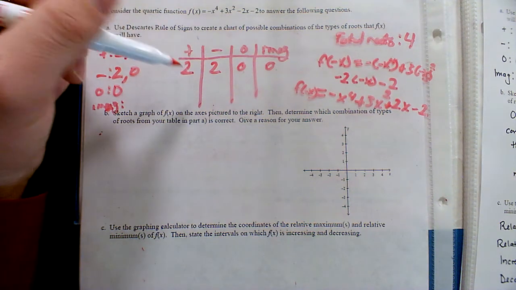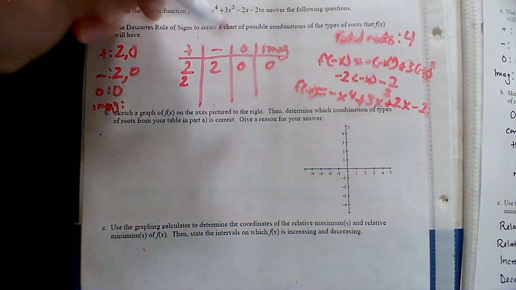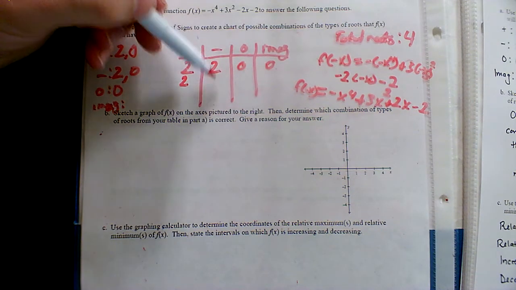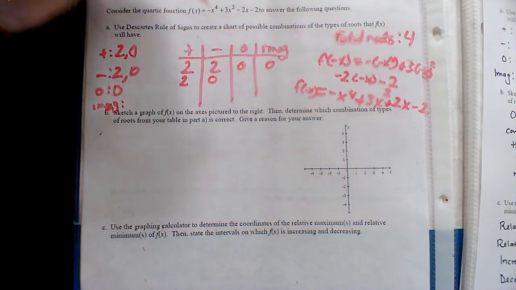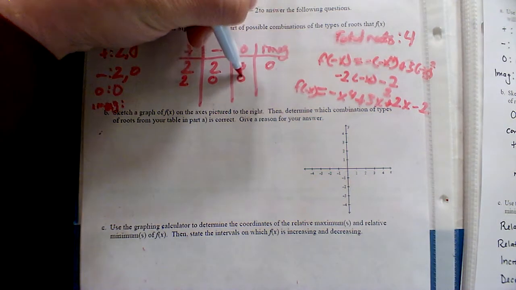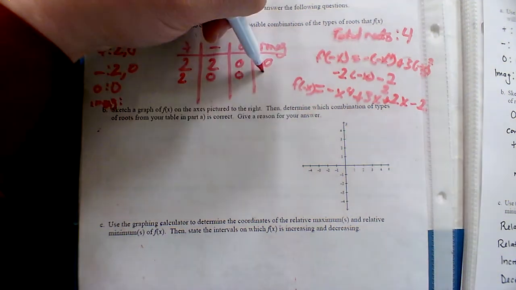So we're going to fill in more of this table here. So we said we could have 2 positive, and we could have 2 or 0 negatives. We said we're not going to have any of the 0. So we could have how many imaginaries here? Could have 2.